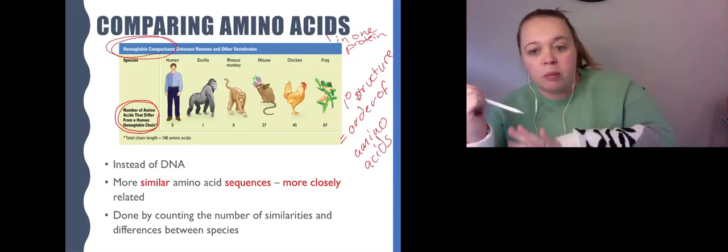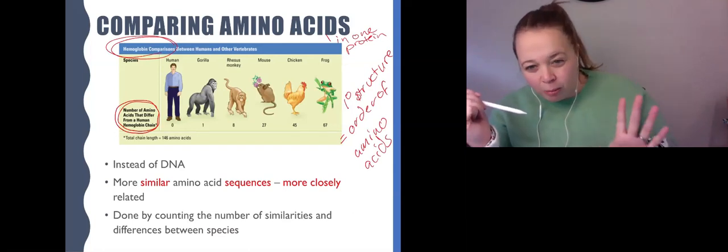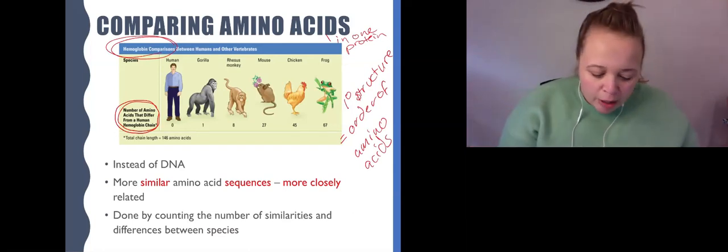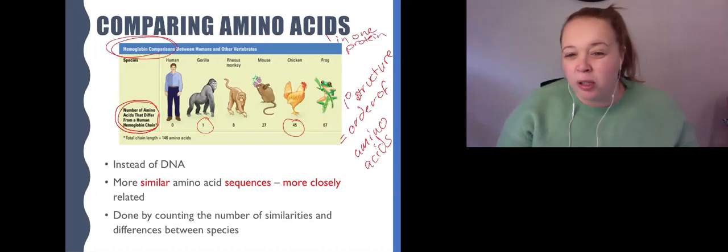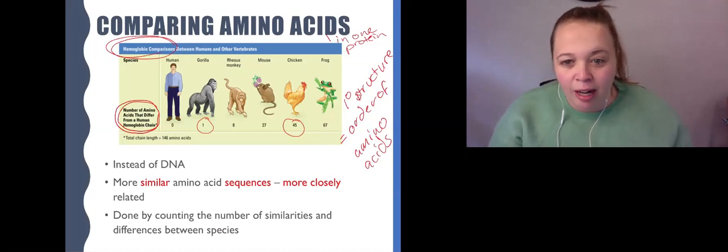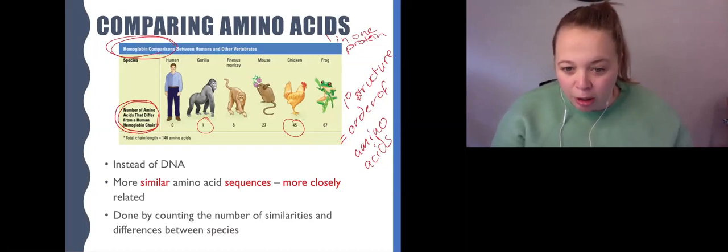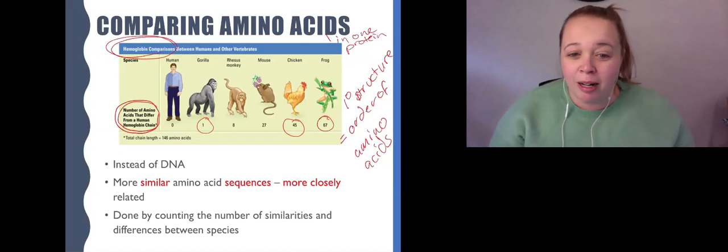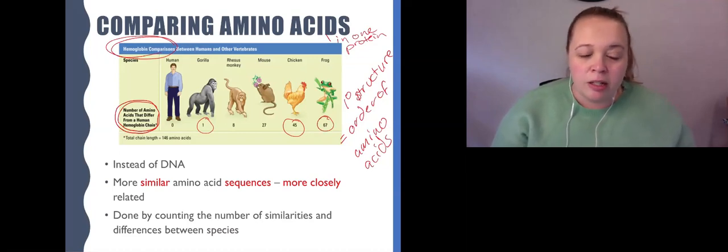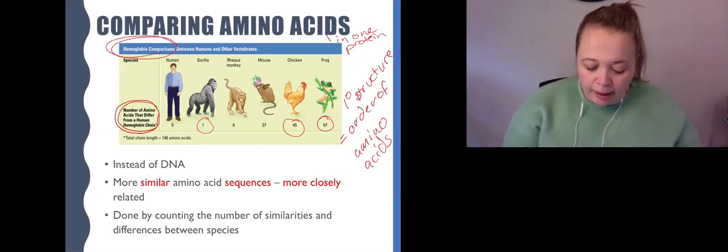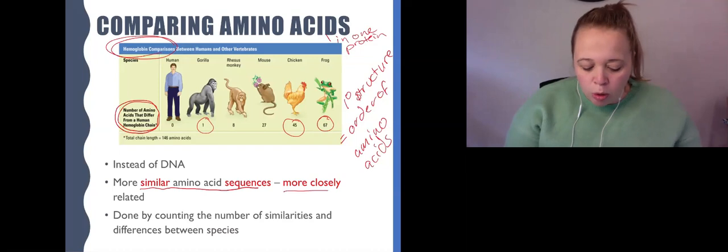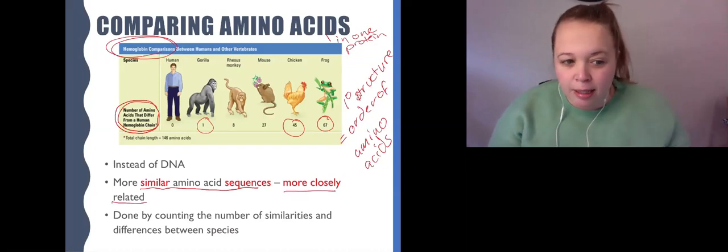All of those species have a hemoglobin protein. But you can see that the gorilla only has one difference in its amino acid chain. The chicken has 45 differences in that amino acid chain that becomes hemoglobin, and a frog has 67. So I think it's pretty logical to say the more similar your amino acid sequence, the more closely related the two species are.